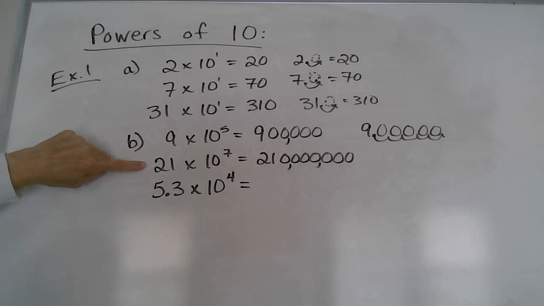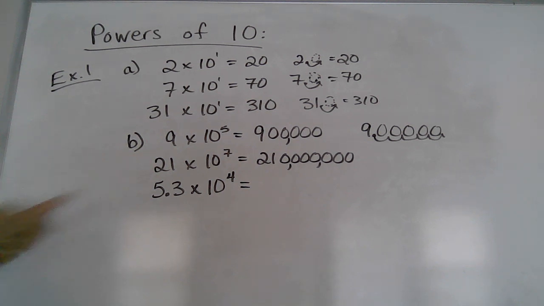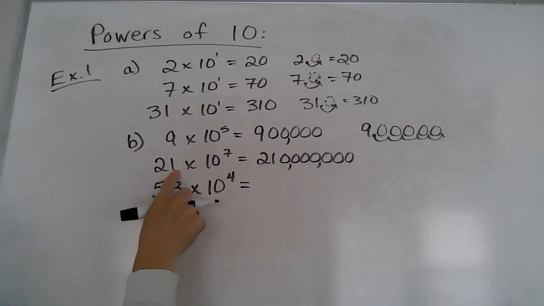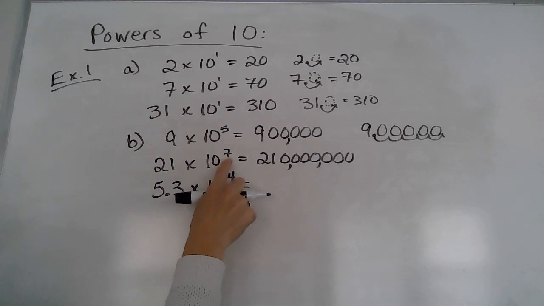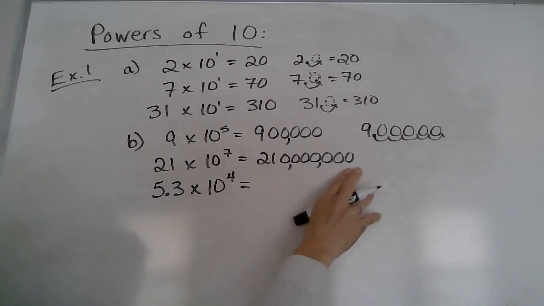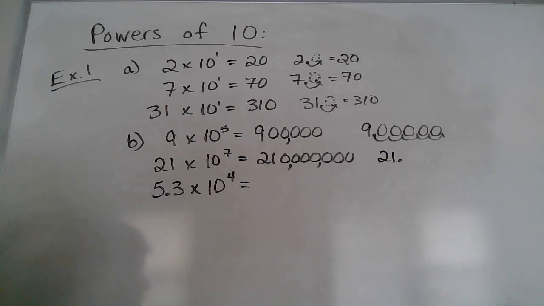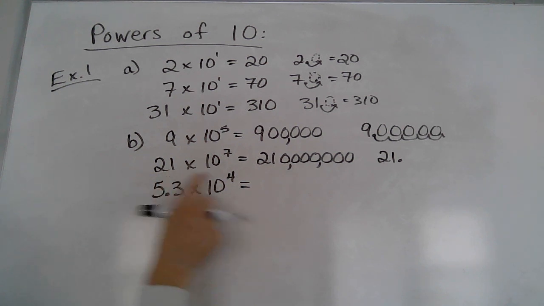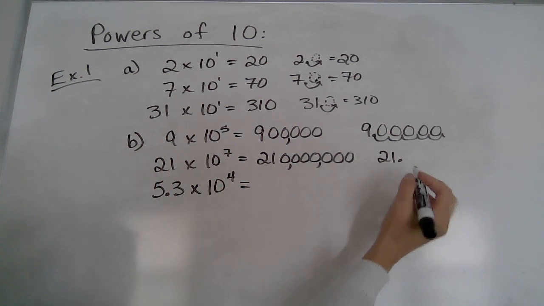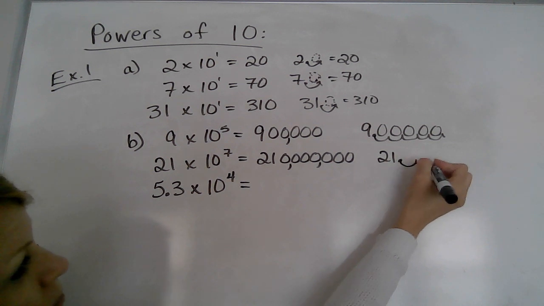Let's look at this one real quick, and then let's talk about this one. So here we have 21 being multiplied by 10 to the 7th. And instead of just adding 7 zeros, let's go ahead and write down the 21 with the decimal where it would be if we wrote the decimal. We're just not going to because we don't have to here, but it's helpful here. So let's move it 7 times.